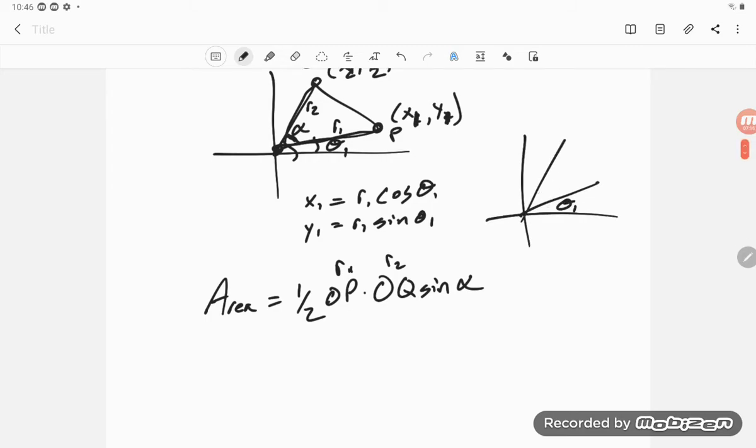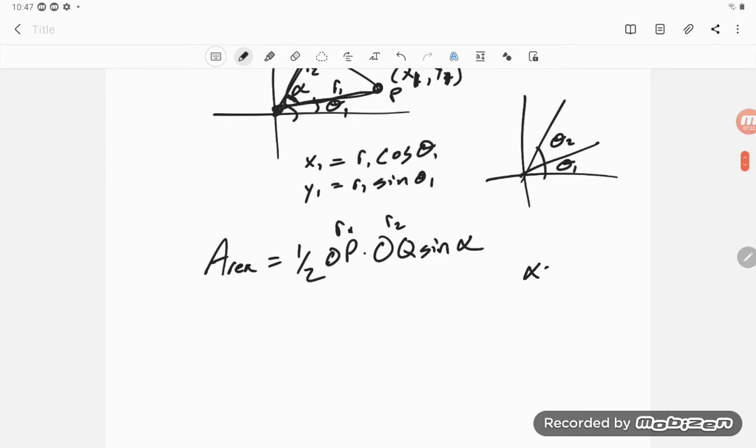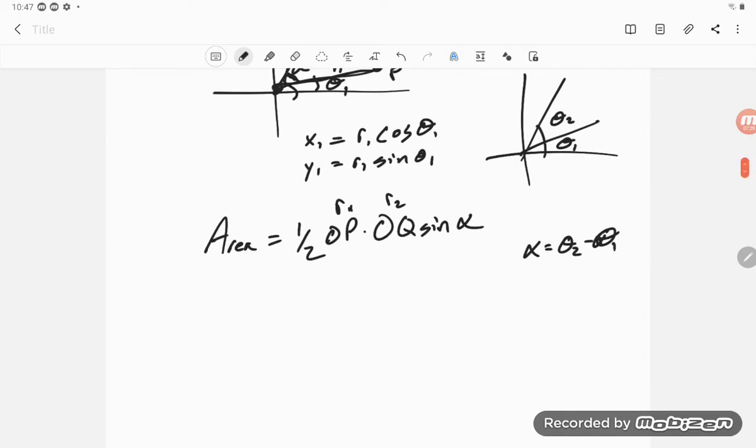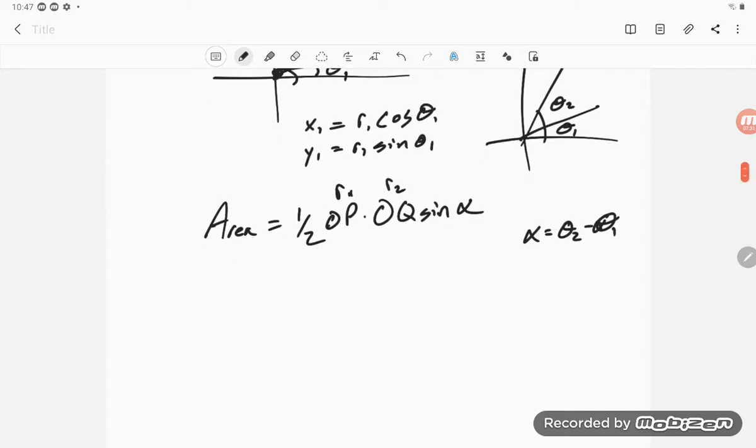They're saying that's theta 1, but then that whole thing is theta 2, so alpha is equal to theta 2 minus theta 1. So that's what they put in there. So this is equal to 1/2, and they go with OP again and OQ, but now they say sine of theta 2 minus theta 1.